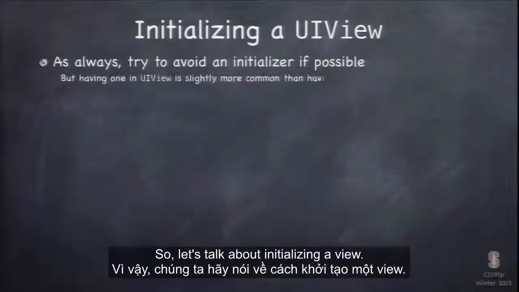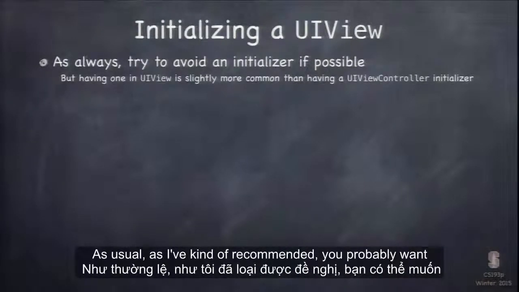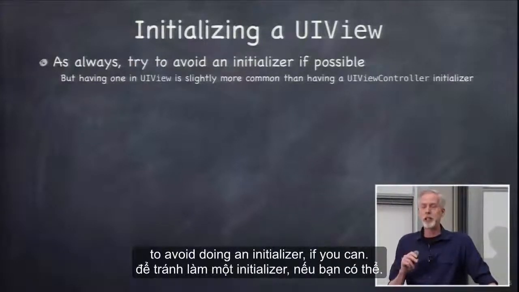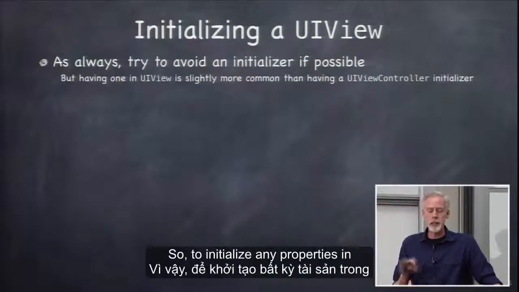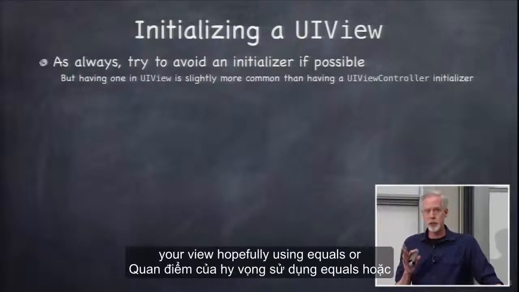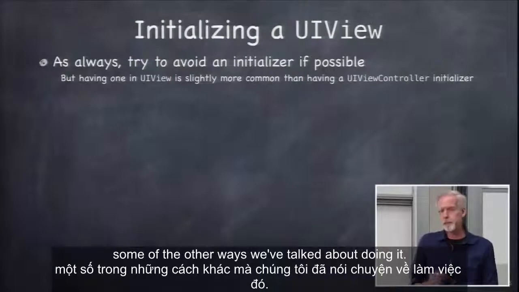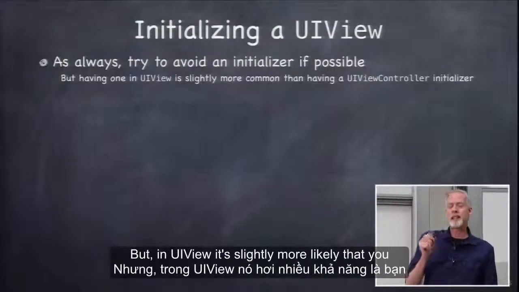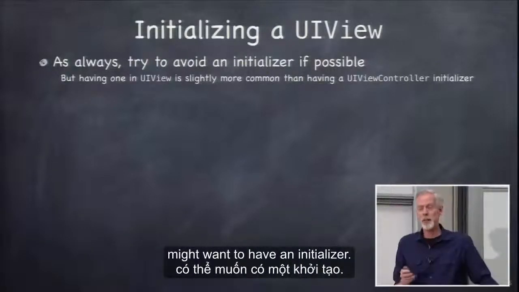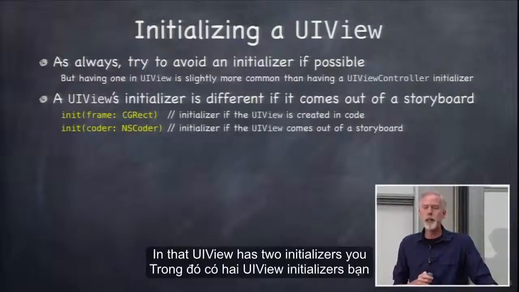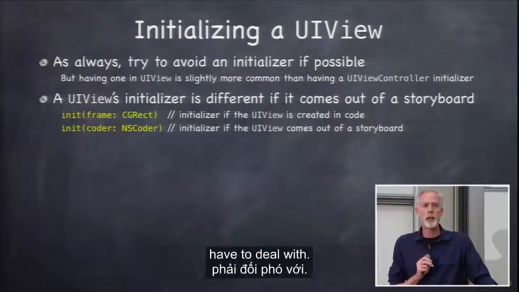Okay? So let's talk about initializing a view. As I've kind of recommended, you probably want to avoid doing an initializer if you can. So initialize any properties in your view, hopefully using equals or some of the other ways we talked about doing it. But in UIView, it's actually slightly more likely that you might want to have an initializer. So it's a slightly complicated thing, only slightly, in that UIView has two initializers that you have to deal with.